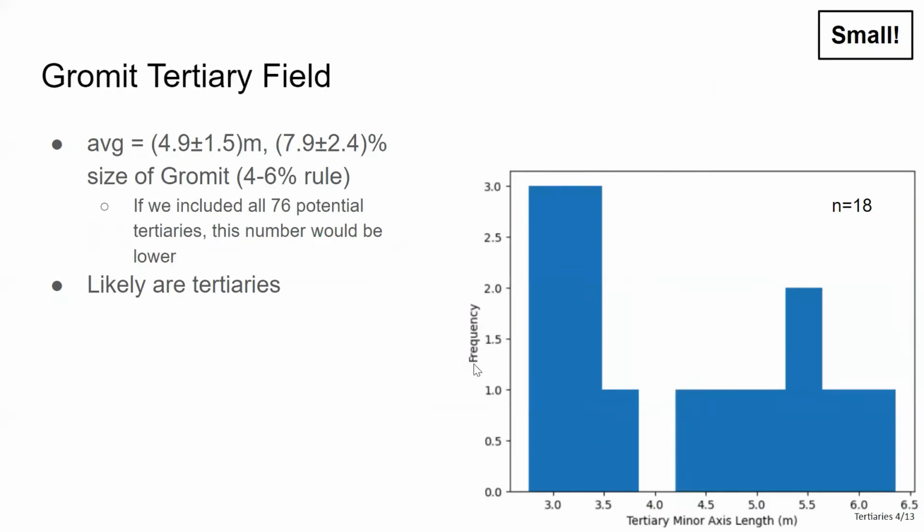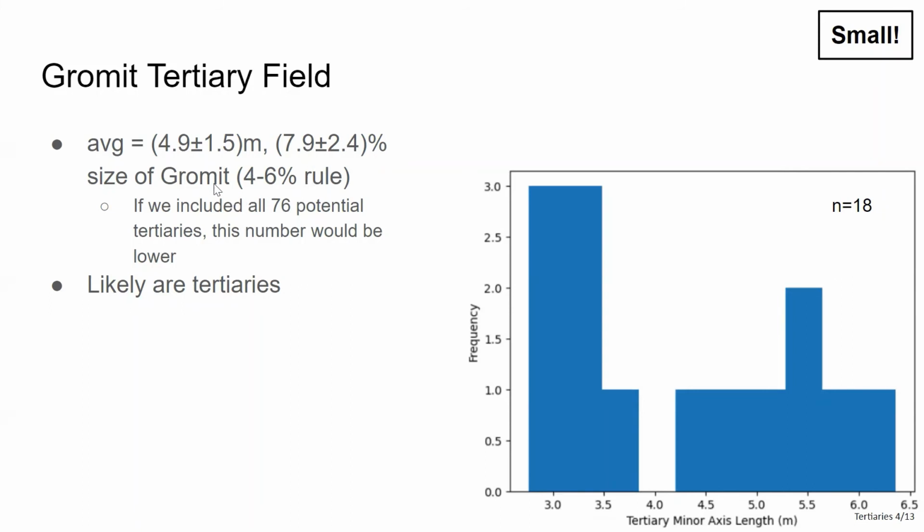All right, this is just a histogram. Frequencies are on the y-axis, and the tertiary crater's minor axis length in meters is on the x-axis. This is n equals 18. On average, they are about 5 plus or minus 1.5 meters along that short axis, which is about 8 plus or minus 2.4% the size of Gromit by diameter.